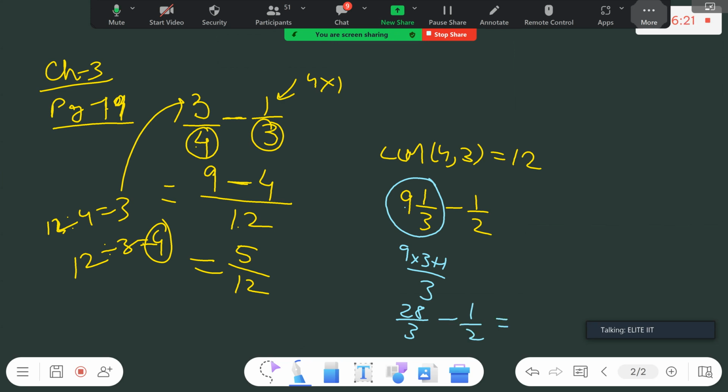Then again take the LCM of 3 and 2, which is 6, isn't it? And then 6 divided by 3 is 2. 2 into 28? 56. 6 divided by 2 will be 3. 3 into 1? 3. So it will be 53 by 6, isn't it?